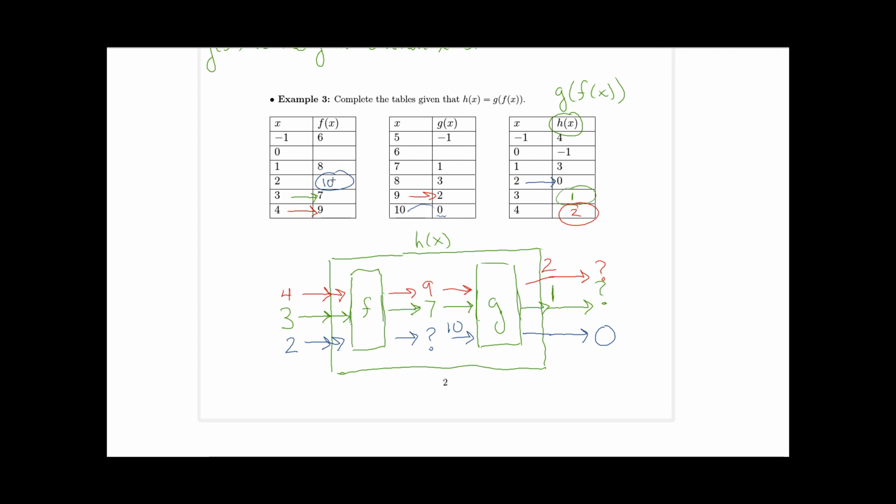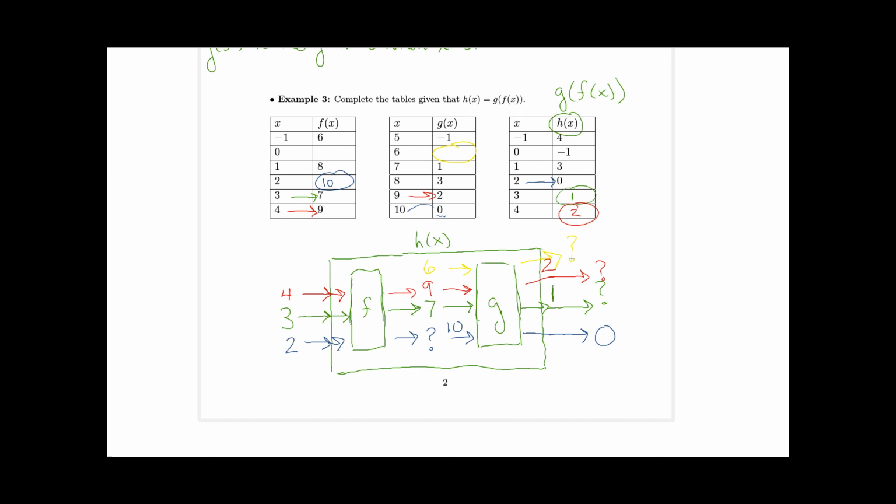Okay, let's try another one here. This time, let's do that one. So what are we saying? We're saying we want to put 6 into G and see what comes out. Okay, so now I'm putting a 6 right here, sending it into G and asking what happens, right?